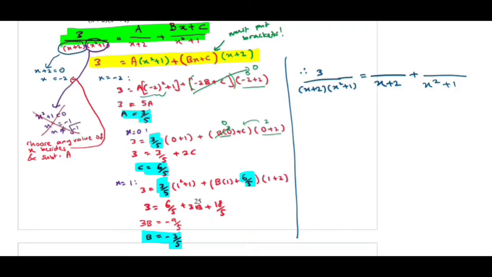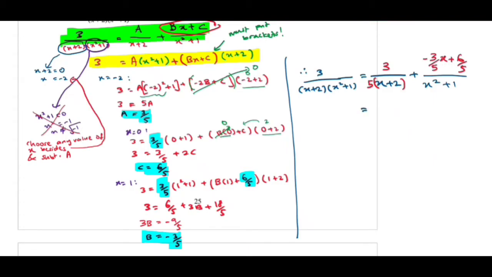Remember, since a is a fraction, 3 over 5, you should write 3 on top and 5 below. Just write a bracket there. But for b and c, you cannot simply just do that. So I'm going to show you step by step. Write b first, and then x, and then plus c, which is 6 over 5.